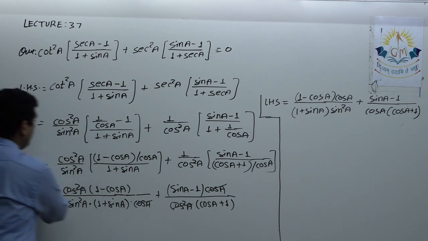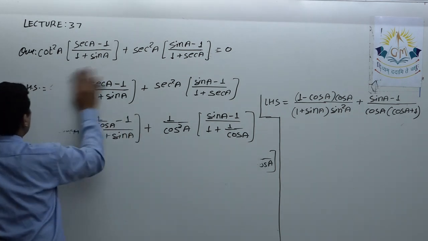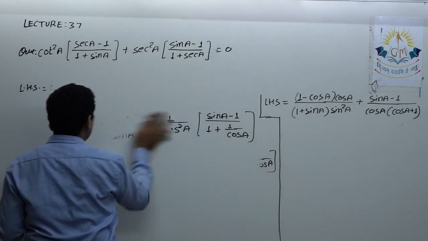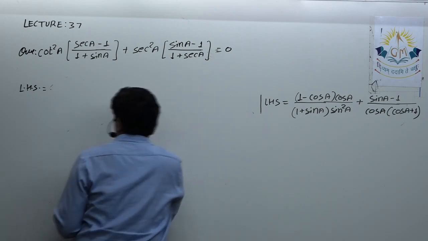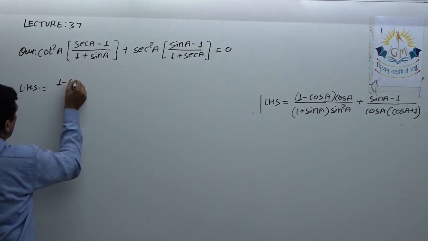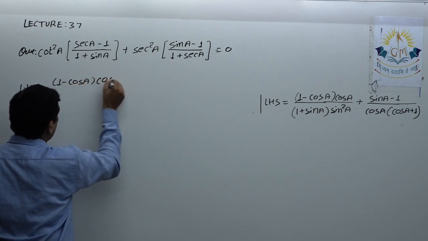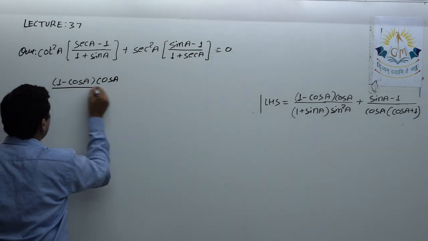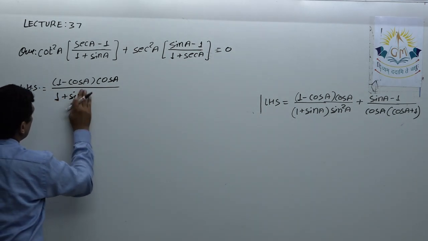Okay, so now see how to solve it. Simply you have to apply the identity in the first term and you have to rationalize the second term and we'll get our answer. So here I have 1 minus cos A, so I keep it as it is. Here cos A, then again I keep it as it is. In the denominator 1 plus sin A, I keep it as it is.